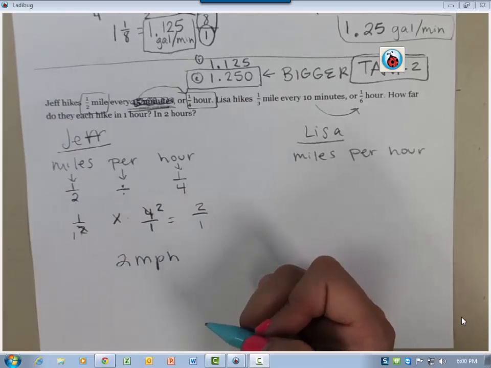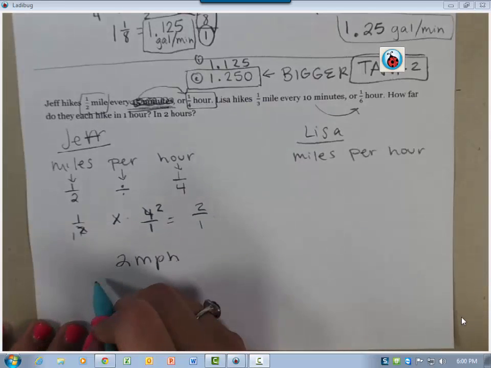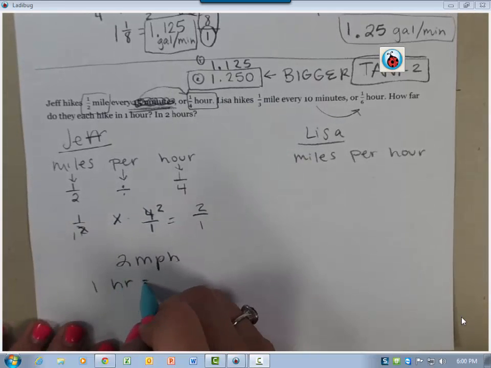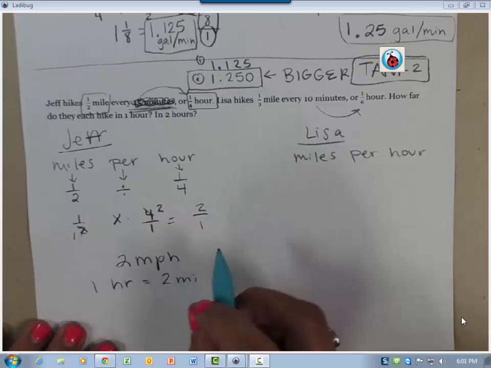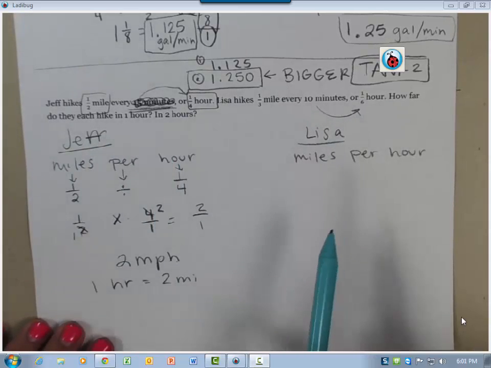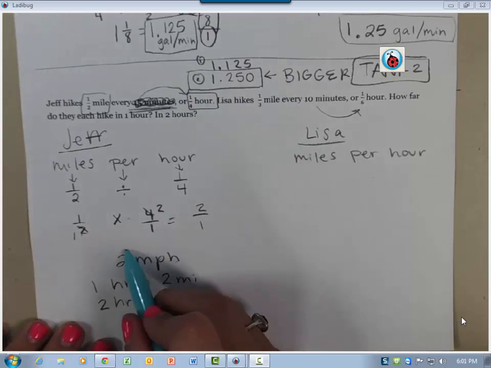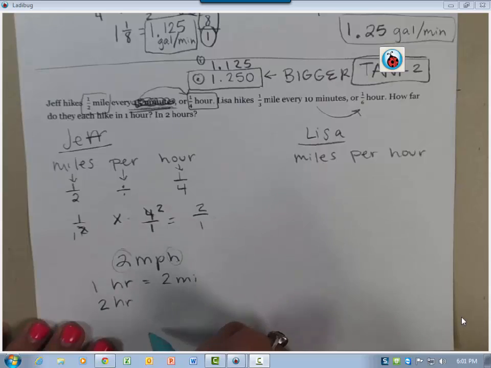So 2 miles for every hour. So in 1 hour, Jeff can walk 2 miles, right? Because your question's asking how far do they each hike in 1 hour. So in 2 hours, if you can walk 2 miles in each hour, 2 times 2 would give you 4 miles.